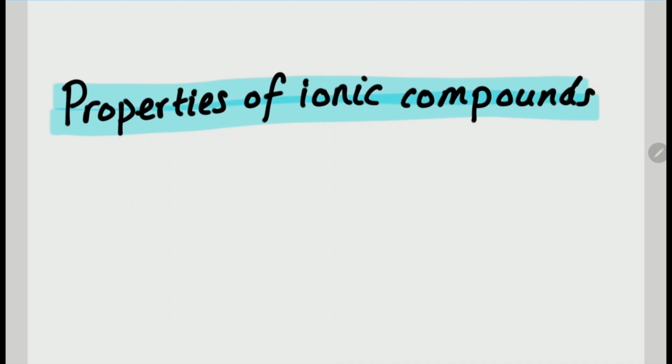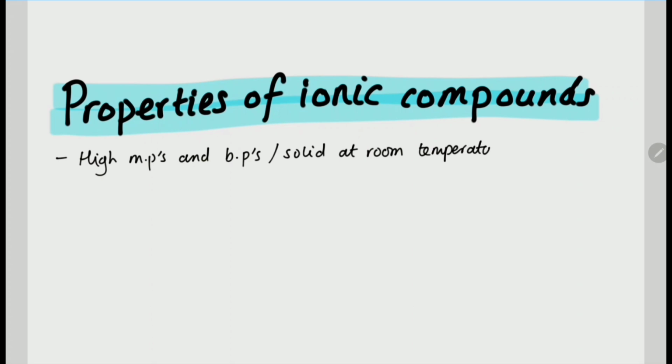The first property of ionic compounds is that they have high melting points and boiling points, and they are solid at room temperature. And the reason for this is that to melt the ionic compounds, you need to break up the lattice.